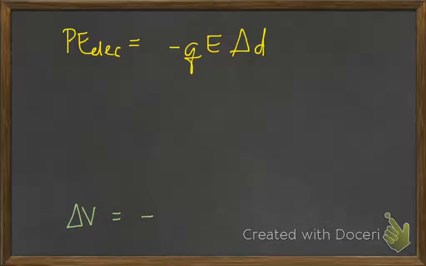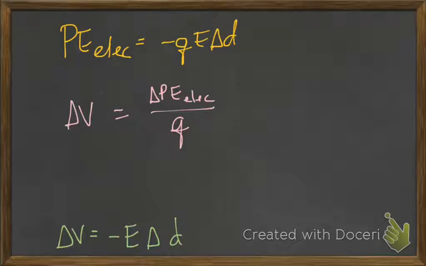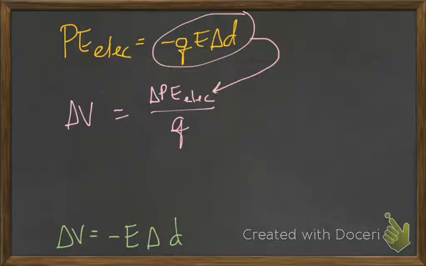So delta V equals negative Q E delta D over Q. And you can see how your Q's will cancel out, and what you are left with here, delta V equals negative E delta D, is what you have there at the bottom. So it's trying to show you how you can get from one point to another.